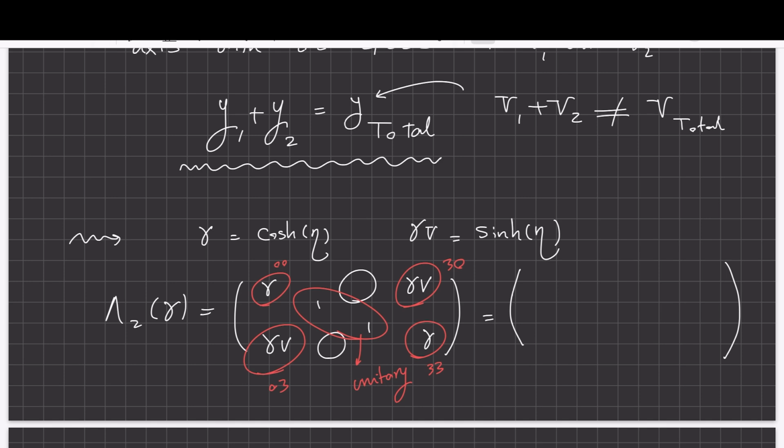Okay, that is equal to cosine hyperbolic of eta on the two diagonal terms, and then sine hyperbolic of eta on the other diagonal terms, and then the rest of it is the same.